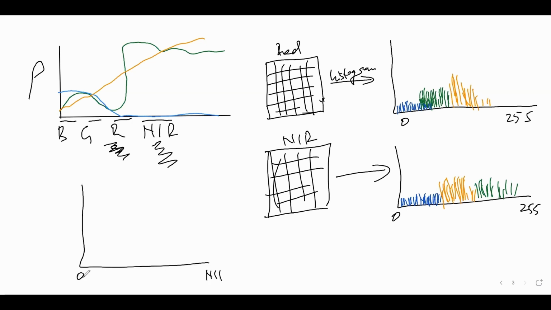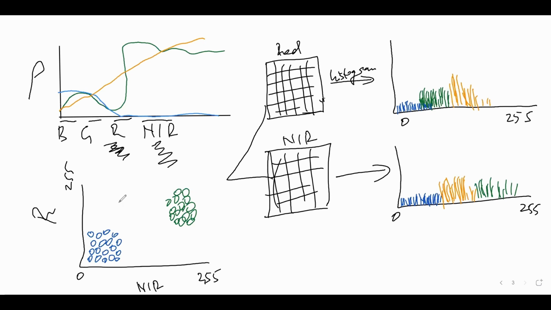If we plotted red against near infrared, with 0 to 255 on each axis: our water pixels, remember, red was low and near infrared was low, so we would have our points there. Then vegetation would be in the middle of red, but high over here, and then our soil would be there. In actual fact, it doesn't appear as beautiful as this.